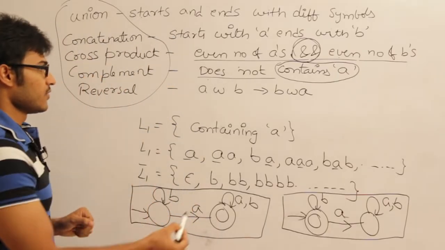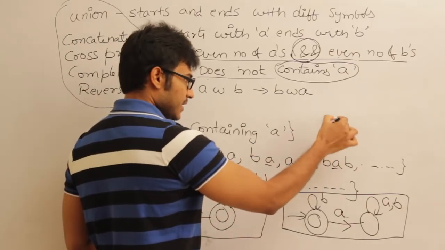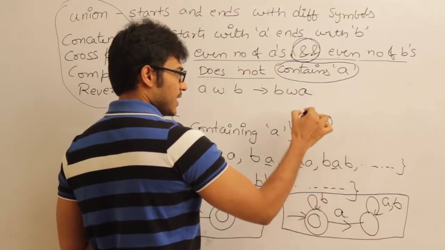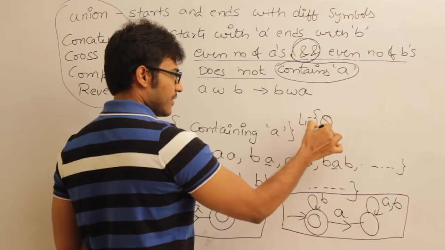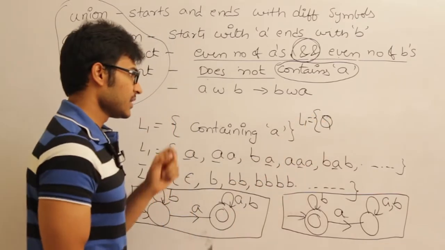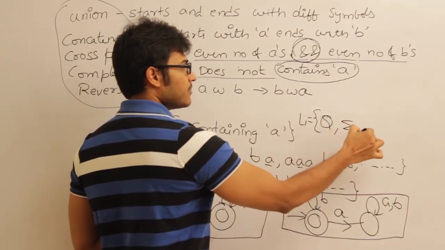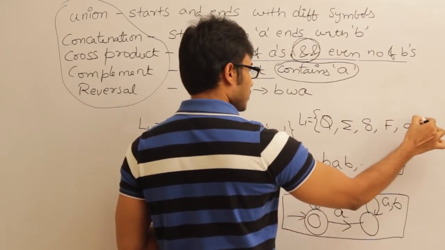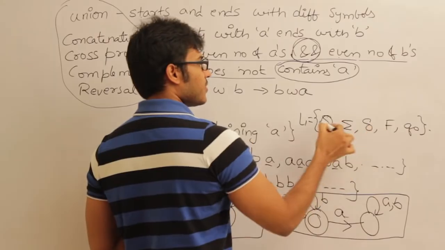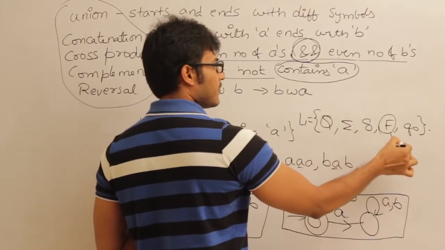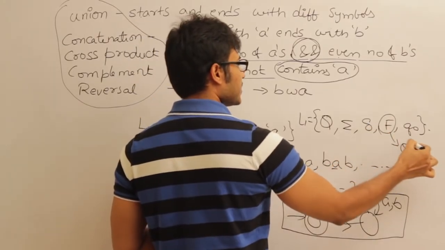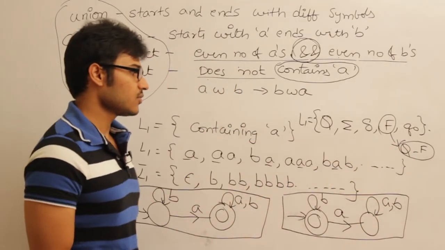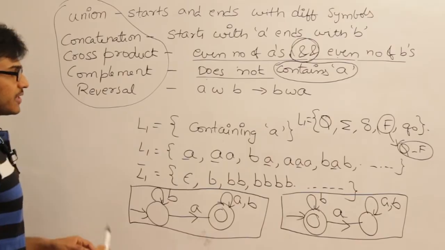So if L1 is a language and the DFA accepting it is Q, sigma, delta, Q naught, F, then the complement is nothing but taking the final states as Q minus F. Just change the non-final states to final and final states to non-final. That is complementation.